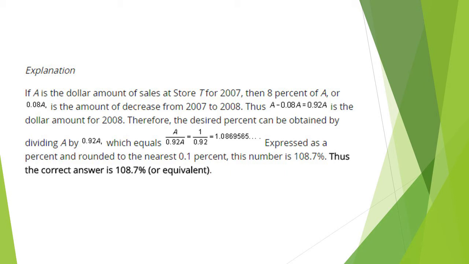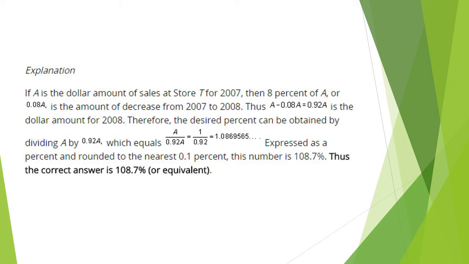108.7%. If A is the dollar amount of sales at store T for 2007, then 8% of A, or 0.08 times A, is the amount of decrease from 2007 to 2008. Thus, A minus 0.08 times A equals 0.92 times A is the dollar amount for 2008.